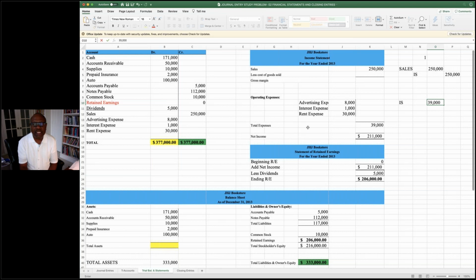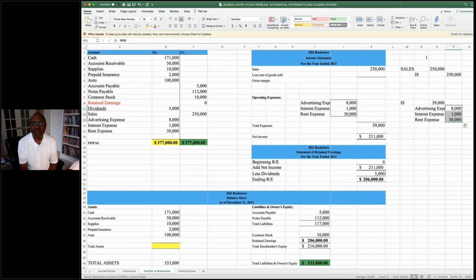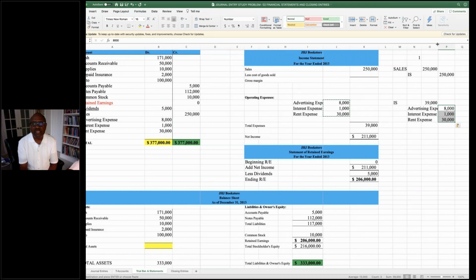Then we'll come in here and, as you can see, closing entry 2 is taken care of.